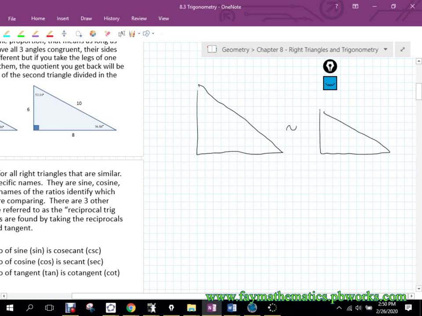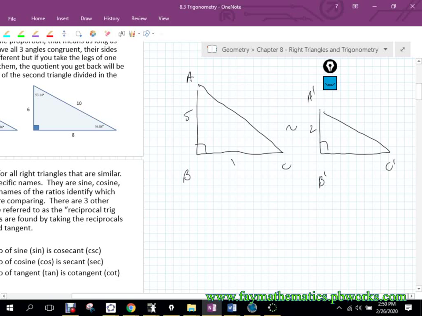I want to tell you that these two triangles are similar, and we'll call this A, B, C, and A prime, B prime, C prime. Let's say this is 5 and this is 2.